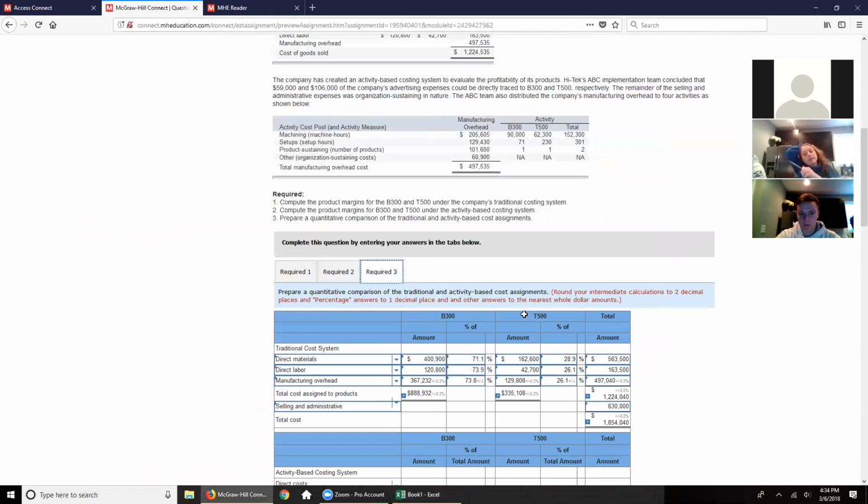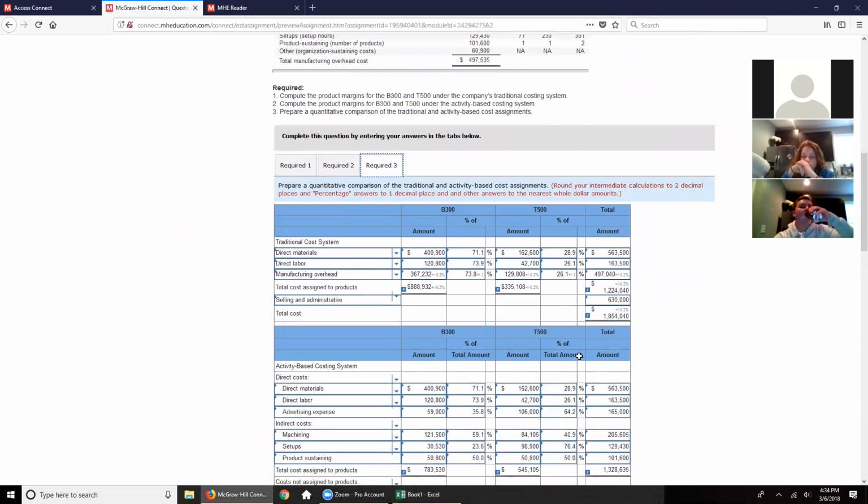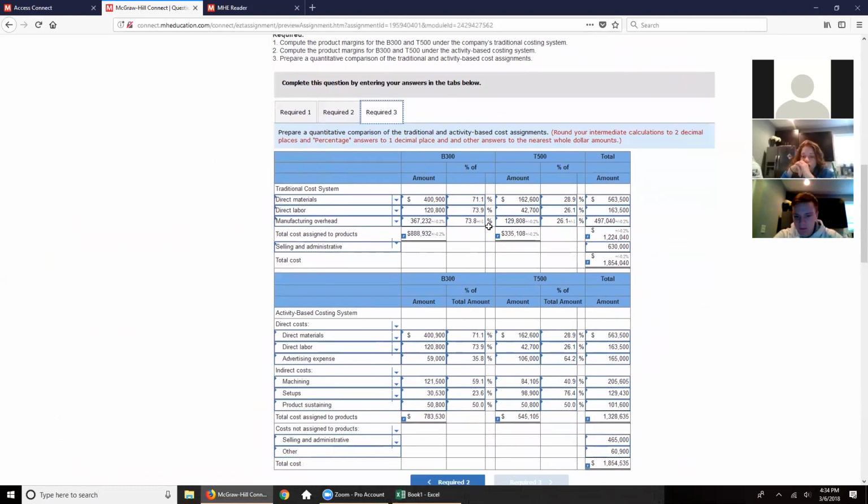And in 3, I want to take a comparison. When we throw these things side by side, the materials and labor don't change between the traditional and activity-based costing. And then as we just illustrated, the overhead costs do change significantly.